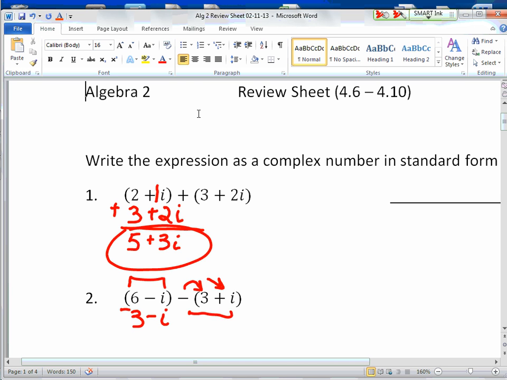So that's a tricky part, that you need to distribute this negative to this i. So then we just combine and add these together. So 6 minus 3 is 3. Negative i plus negative i is -2i.